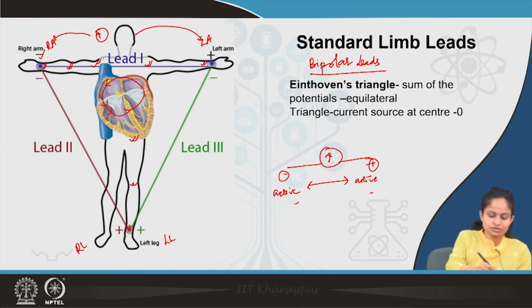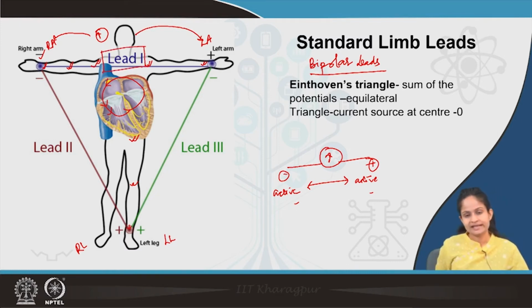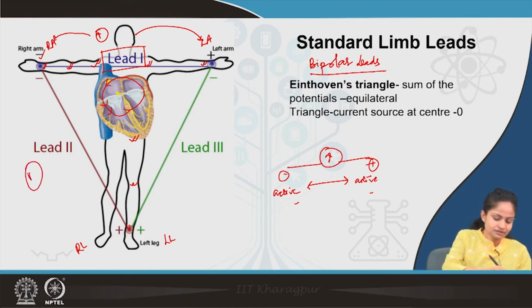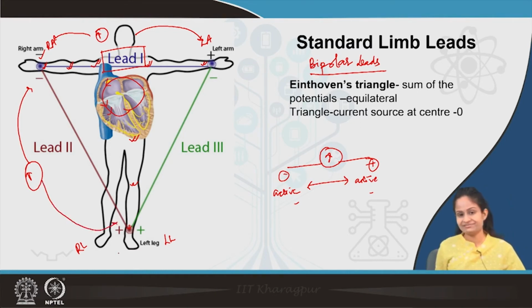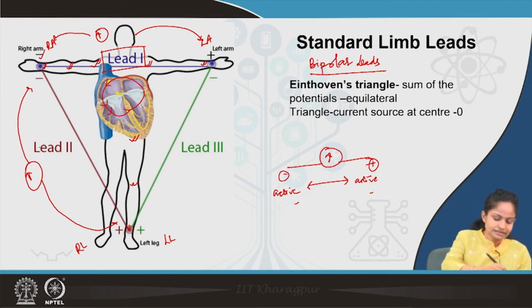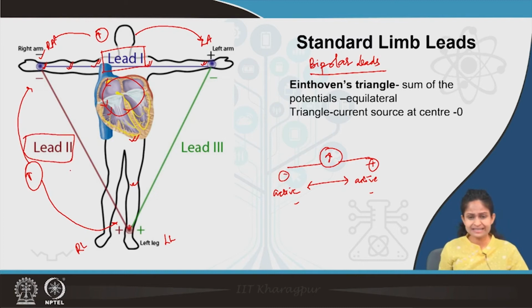This constitutes your lead 1. That means lead 1 will calculate the potential difference between the left arm voltage and the right arm voltage. Similarly, if the negative terminal of the voltmeter is connected to the right arm and the positive terminal to the left leg or left foot, it constitutes lead 2, which means lead 2 will calculate the potential difference between the left leg and the right arm.